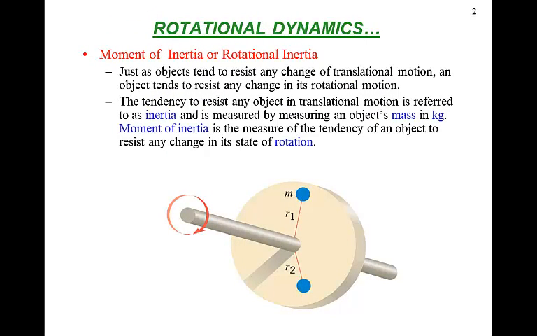As far as the inertia is concerned, remember that the linear inertia is the tendency to resist linear motion, and the moment of inertia is the tendency to resist rotational motion. Since the torque and the angular acceleration have already been discussed before, let's focus here on the moment of inertia.